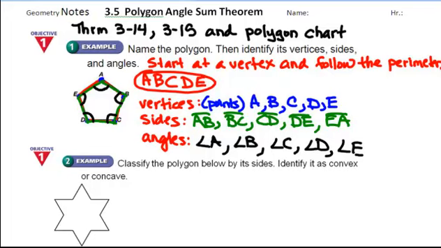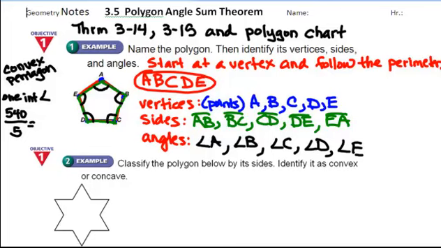Okay, little side note. If you look on the side of your chart, this, by the way, is called a convex pentagon because it has 5 sides. If I wanted to know one interior angle, I would look on my chart and find that 540 degrees is the sum of all the angles, and I would divide it by the 5 sides.